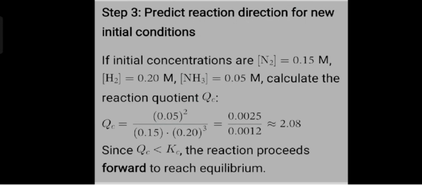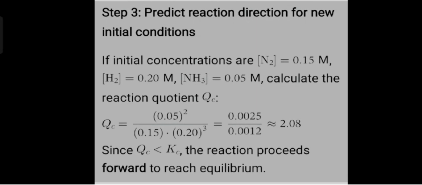Step 3. Predict reaction direction for new initial conditions. If initial concentrations are N2 equals 0.15 M, H2 equals 0.20 M, and NH3 equals 0.05 M, calculate the reaction quotient Q. Q equals 0.05 to the power of 2 over 0.15 times 0.20 to the power of 3, which is equal to 0.0025 over 0.0012, or 2.08.